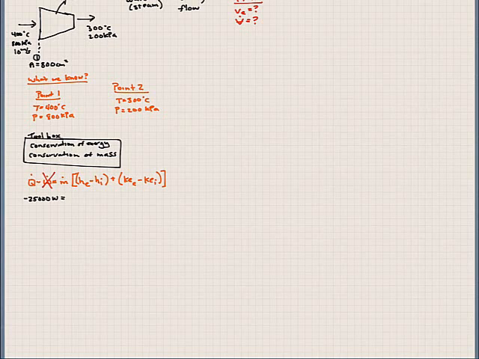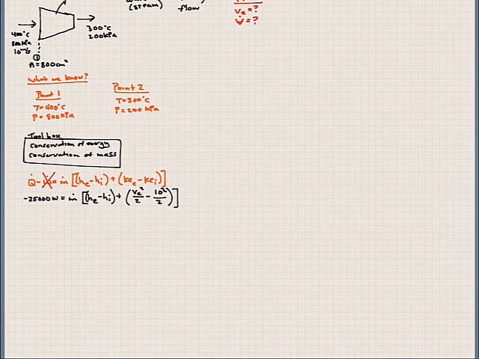So the mass flow rate here, we don't know. We don't know the exit or the inlet enthalpies. And what about the kinetic energies? Do we know those? Well, we don't know the exit kinetic energy, and we do know the inlet kinetic energy. So this is 10 squared over 2.